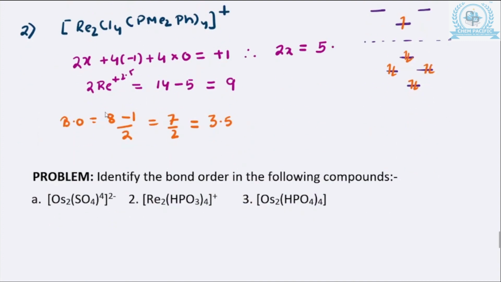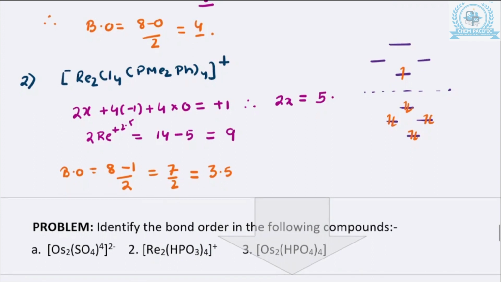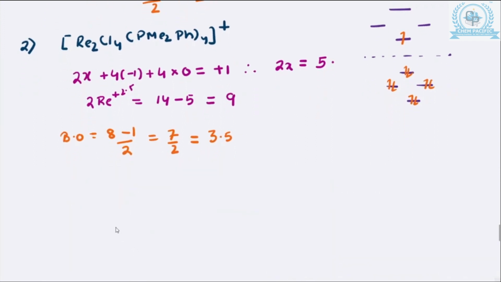Now the third one, now let us calculate this as well. So you are having Re2Cl4(Me2PH)4, and in this case it is having zero oxidation state.